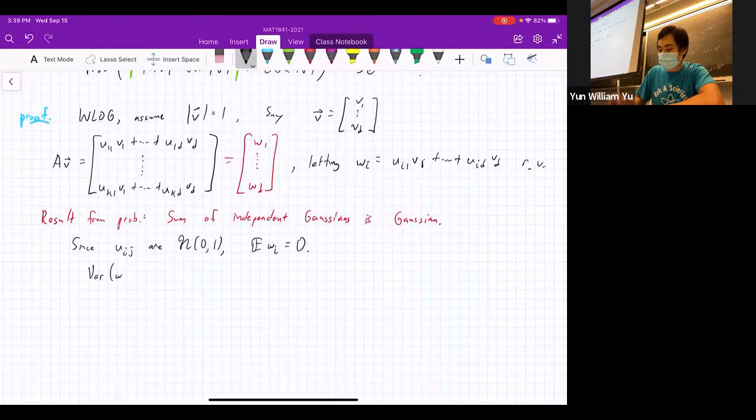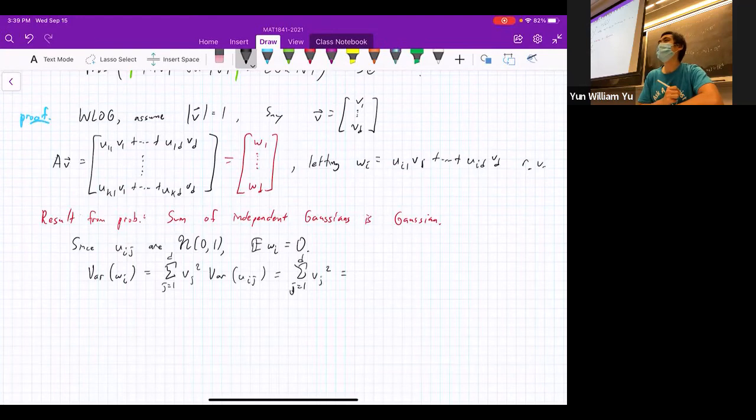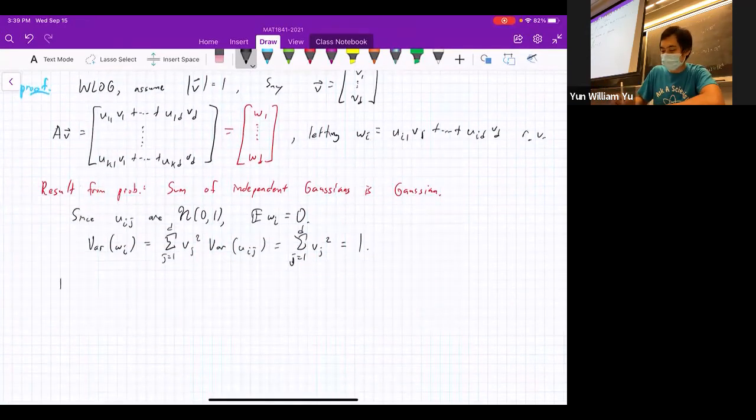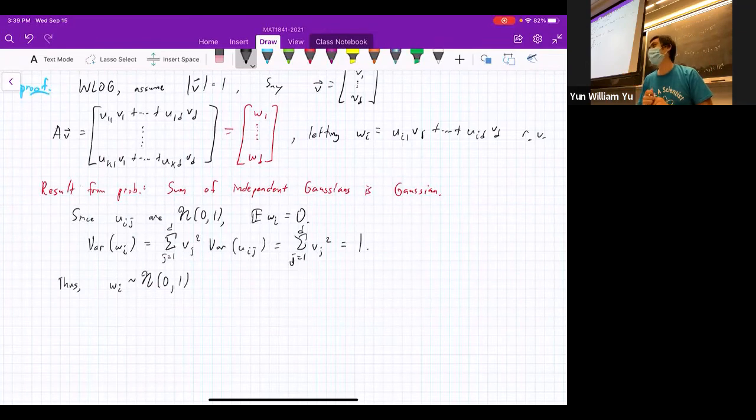And of course, you can do something similar with the variances. So the variance of the Wi's is just equal to the sum over j equals 1 to d of vj squared times the variance of each of our individual Uij's. And what's this? Yeah, it's just 1. It's the norm of v. Without loss of generality, we assume that the norm was 1. And so that means that each of these Wi's are Gaussians with unit variance and mean 0.